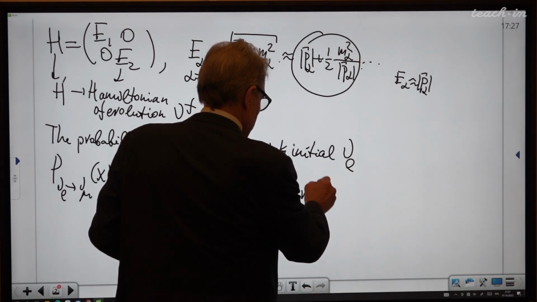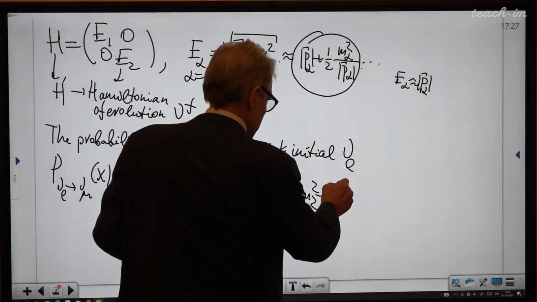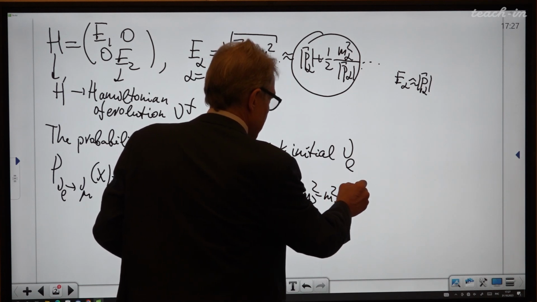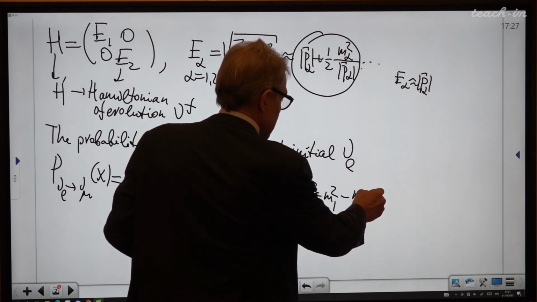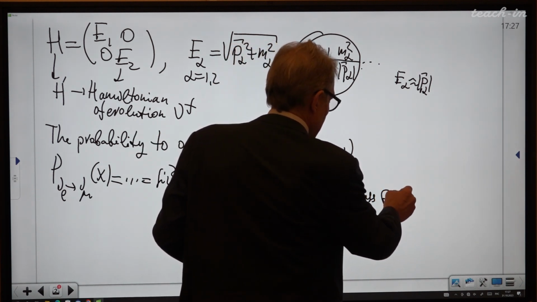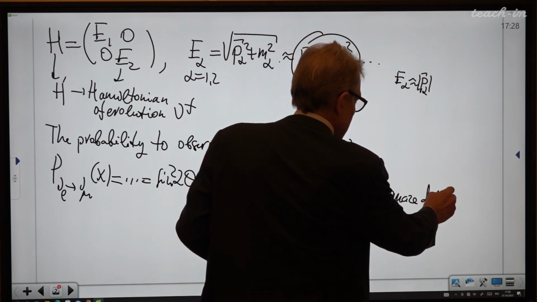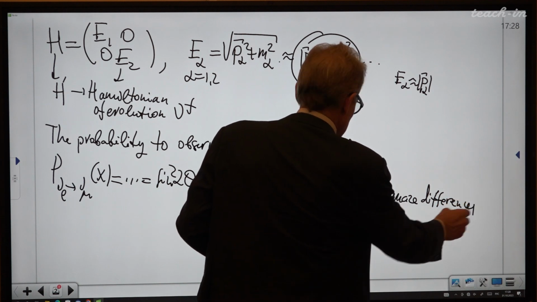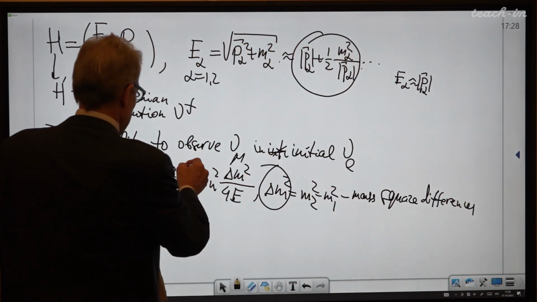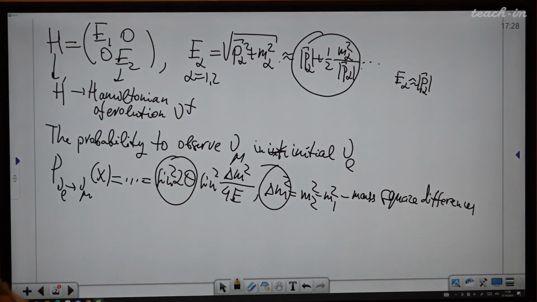In our case of two neutrinos, it is equal to m2 squared minus m1 squared. So there are two key parameters that determine the oscillation probability, and that completes the idea of mixing and oscillations.